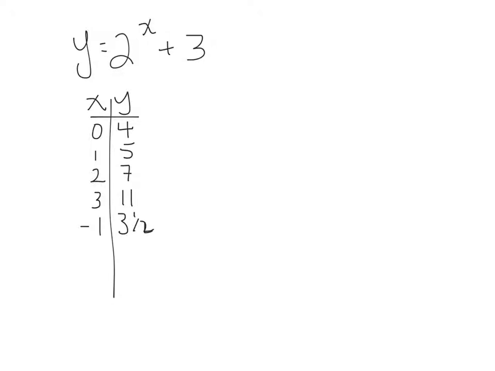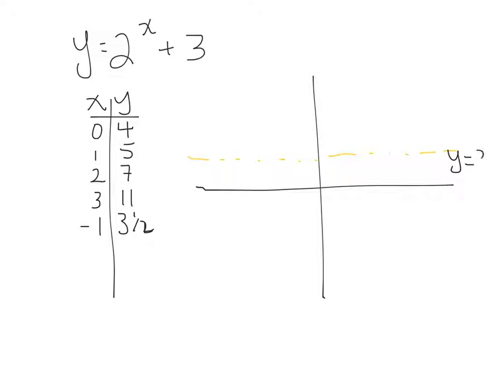So it turns out that what this allows us to do is draw a nice graph where the asymptote this time is at y equals 3. In other words, the y value never gets below 3. So y equals 3 is the horizontal asymptote again. Sorry for the writing.